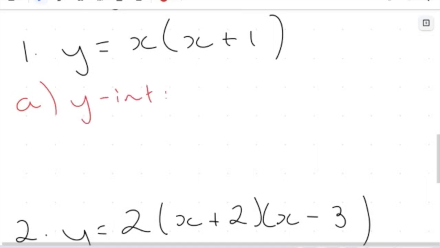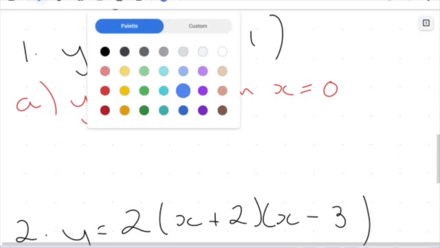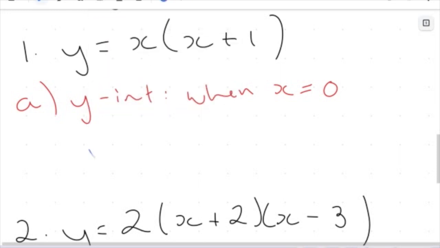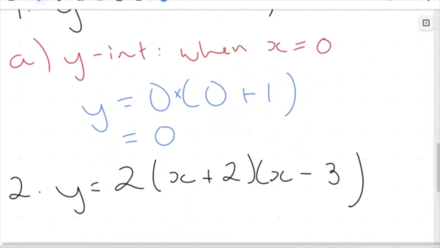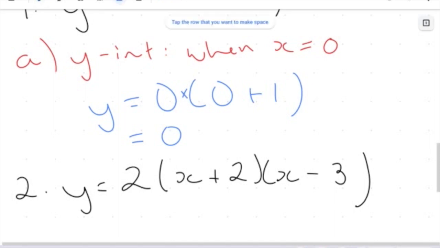And we know our y-intercept happens when x equals 0. So therefore, for this first one, I'm going to substitute in x equals 0 to find the y-intercept. So this is like saying 0 times (0 + 1). And anytime we multiply by 0, we are going to get 0. So our y-intercept here is going to be 0.